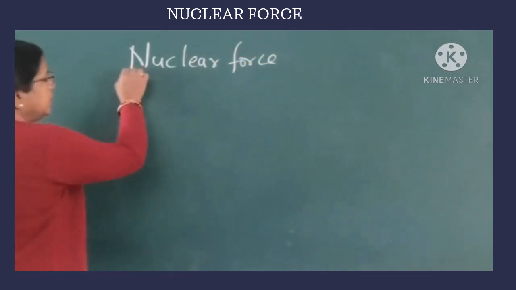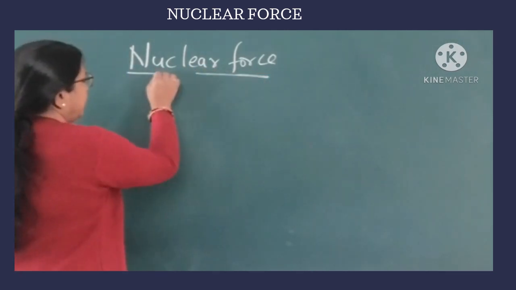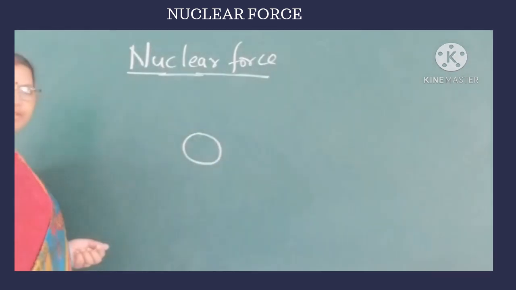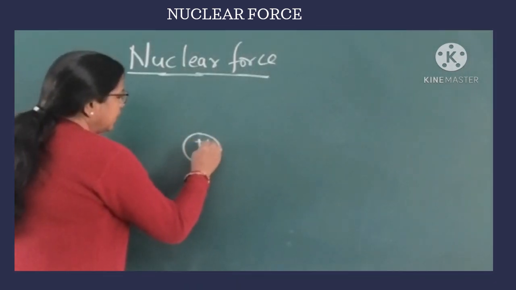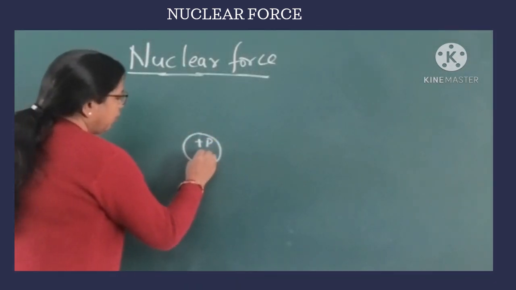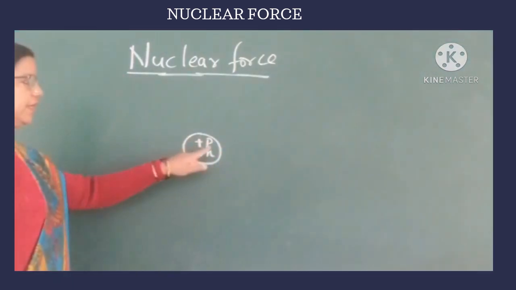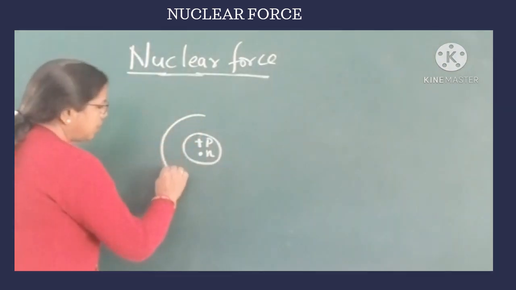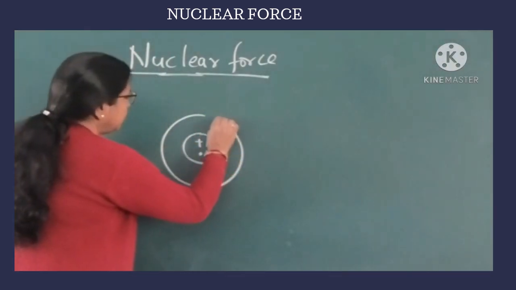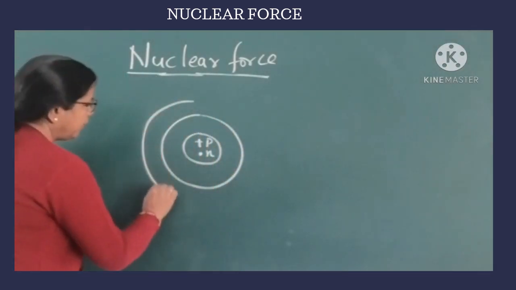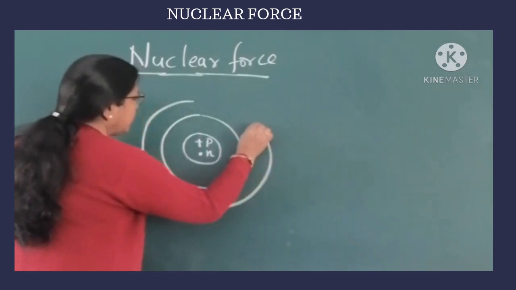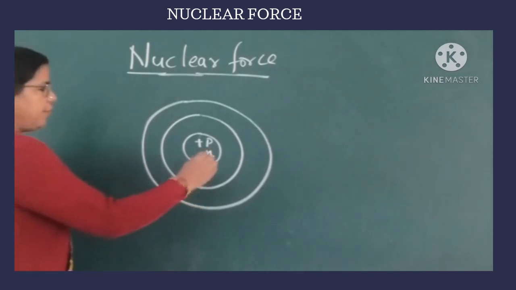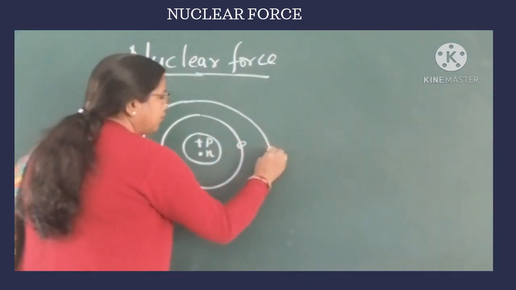As you have already learned, atoms are made up of positively charged protons in the nucleus along with neutrons. The nucleus contains protons and neutrons, and electrons revolve around the nucleus in fixed orbits, or shells, for which the energies are fixed.